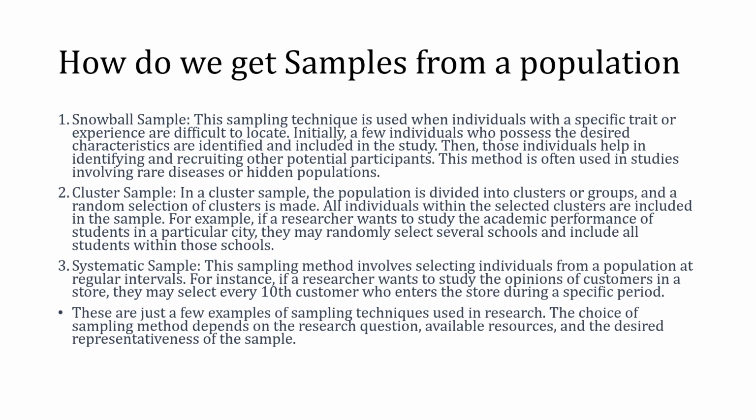In cluster sampling, the population is divided into clusters or groups, and in systematic sampling, the methodology involves selecting individuals from a population at regular intervals. So these are just a few examples of sampling techniques. The choice of sampling method will depend on the research question, available resources, and the desired representation of the sample.